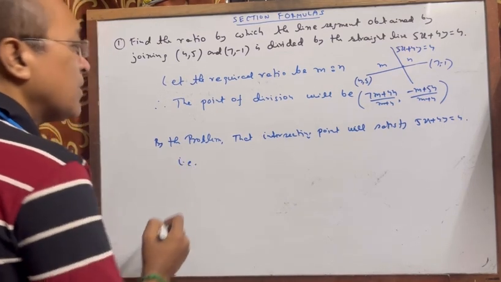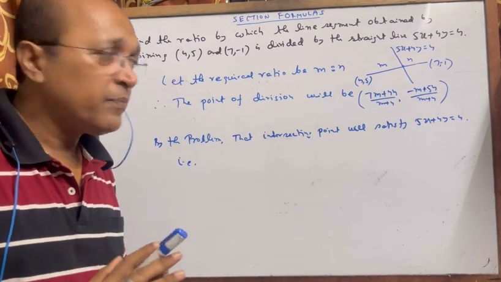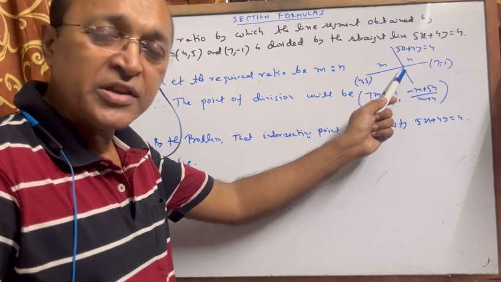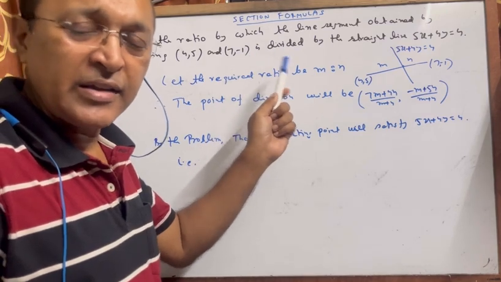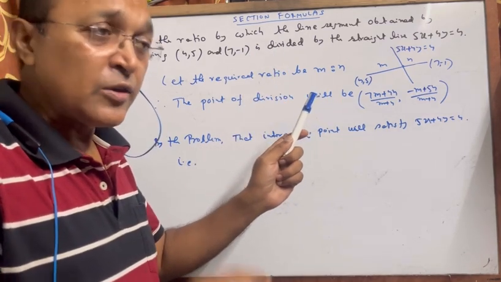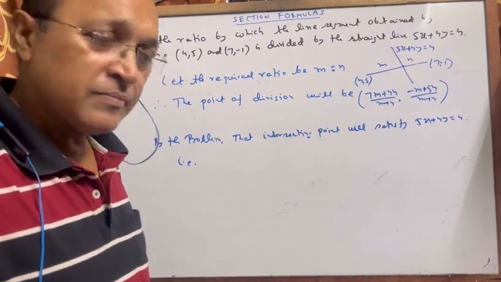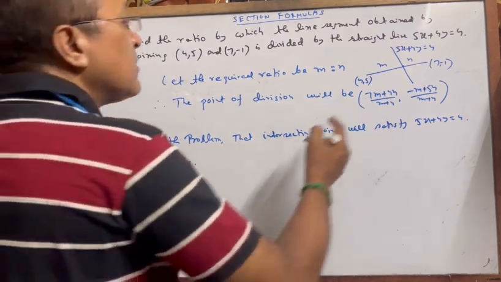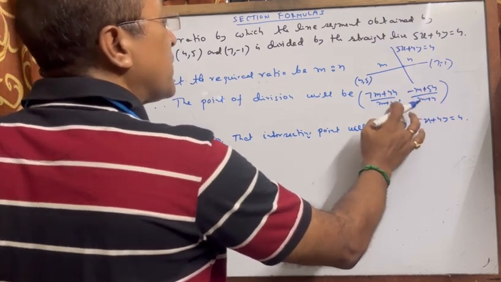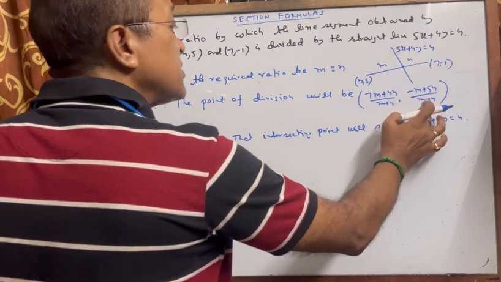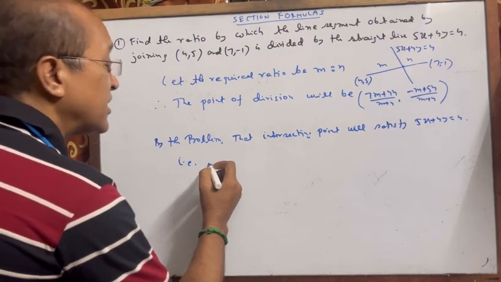Hope all of you understand what is happening actually. The point of intersection through which these 2 points are being divided by the ratio m is to n, through that point this straight line is also passing, right? Okay, so this particular point of intersection, its x coordinate and y coordinate, both will satisfy this straight line, right? So this straight line equation will be satisfied.